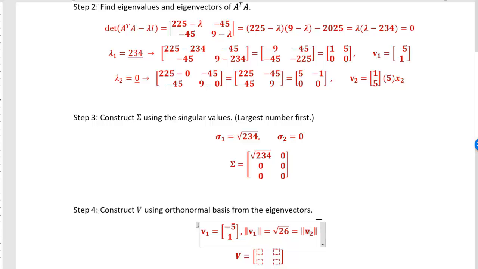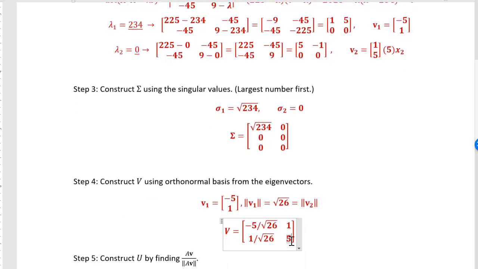And then now we can just divide everything by the square root of 26. So I'm going to take V1, that's a -5 and 1, and for each of them I'll divide by the square root of 26. And then likewise I will take the 1 and the 5 from V2, our second eigenvector, and I'll divide by the square root of 26.